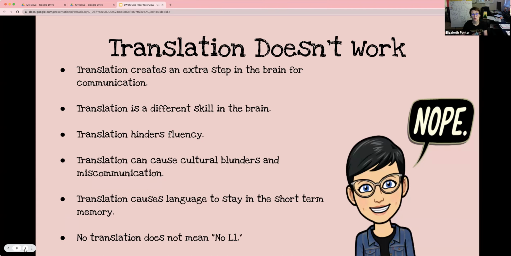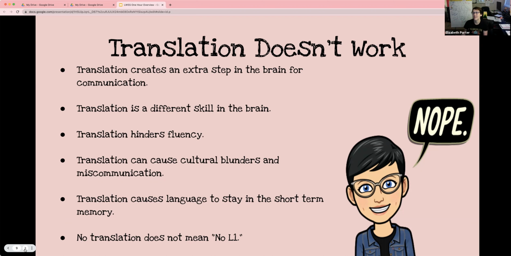It can cause cultural blunders. It can cause miscommunication. You know, there's a lot of times where students will translate something and it means something completely different in the target language. The one I can think of that's in some places is becoming more acceptable, but still for me is kind of a shock, is je suis excitée. It's a different kind of excited than I'm so excited to go to France.